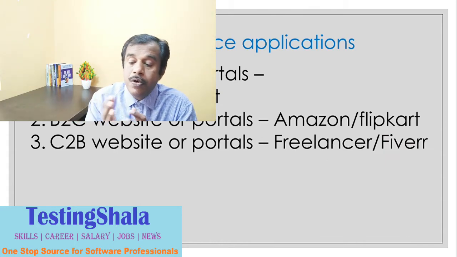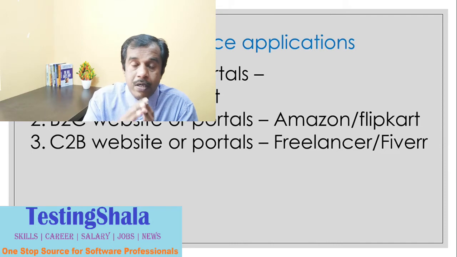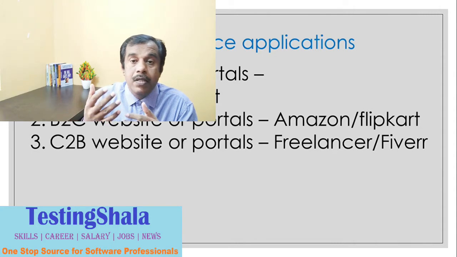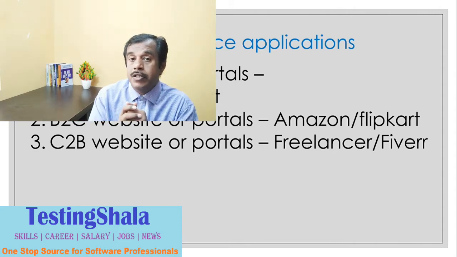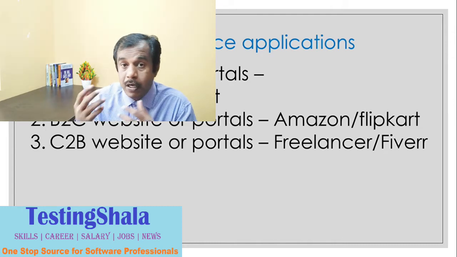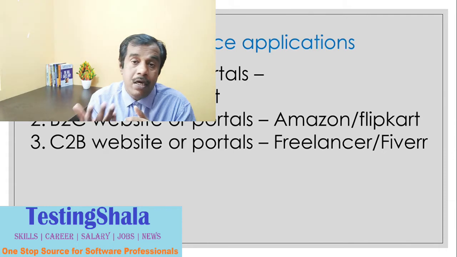If you think about any artist who does a lot of crafts, they can come to these C2B platforms and sell their paintings or whatever. Individual arts they can sell online.